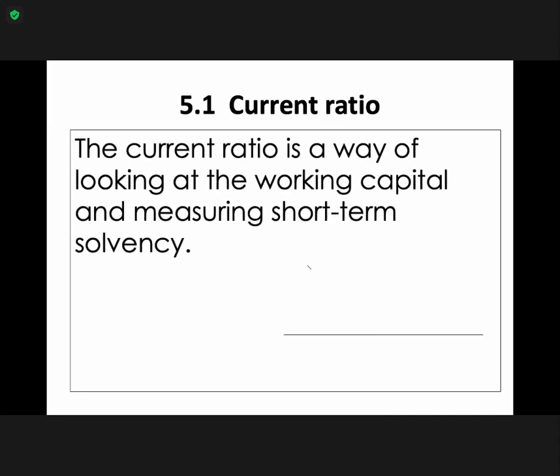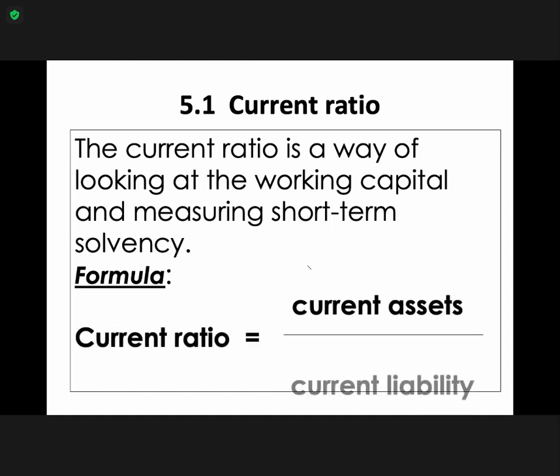The current ratio is a way of looking at the working capital and measuring short-term solvency. We can see that the current ratio is calculated by taking the current assets divided by the current liabilities.